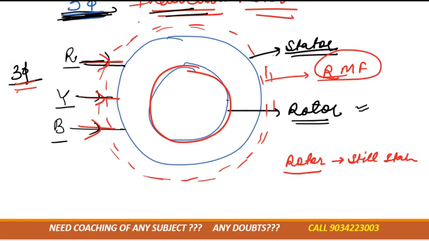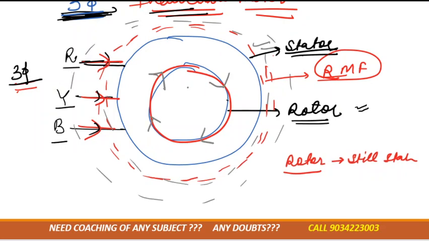Now you can see that these rotating magnetic fields are moving and in between the coil is stationary, right? So magnetic field lines will cut and change, so flux will change. So current is induced in the rotor, current is induced in the coil.